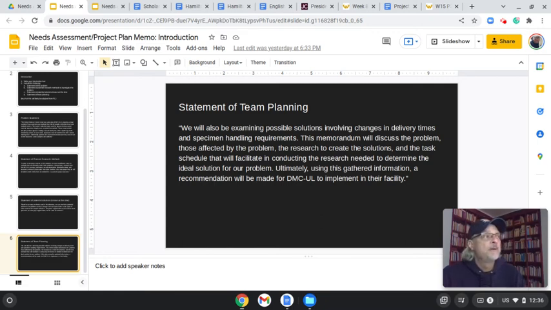So this memorandum, at least as far as I was understanding it, this one's a more difficult one, I think, to write, a statement of team planning. It's like, well, we're planning on doing research.